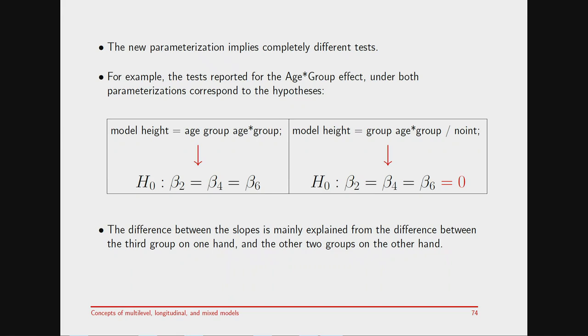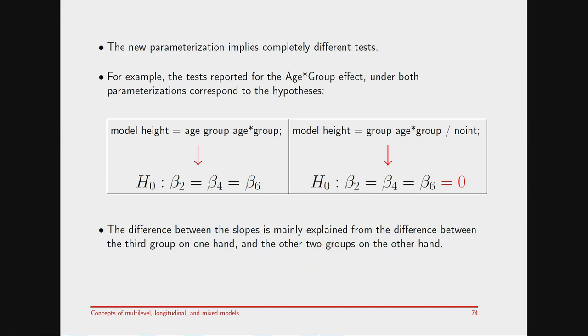And of course, if these two are simultaneously equal to 0, it means that this is equivalent to testing beta 2 is equal to beta 4 is equal to beta 6. And that's your traditional interaction test. But rather than programming this yourself, you can just use the different parameterization and you will get the same result.